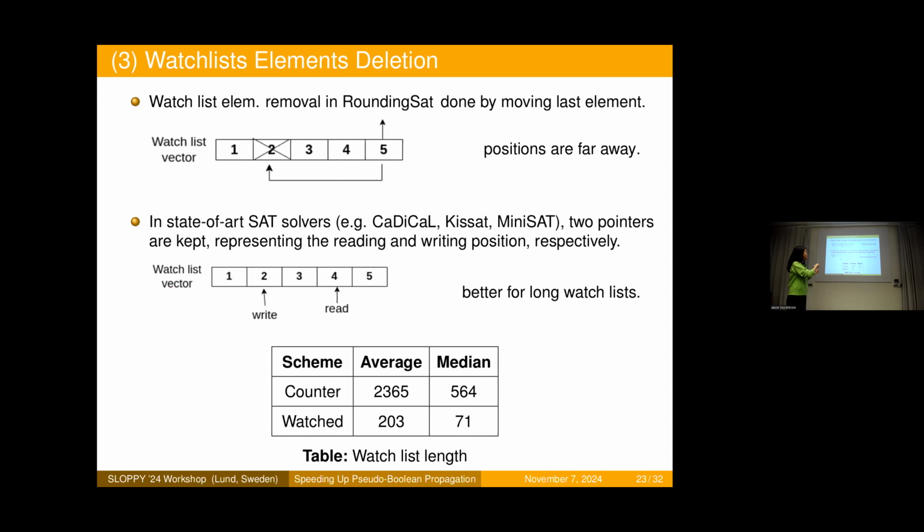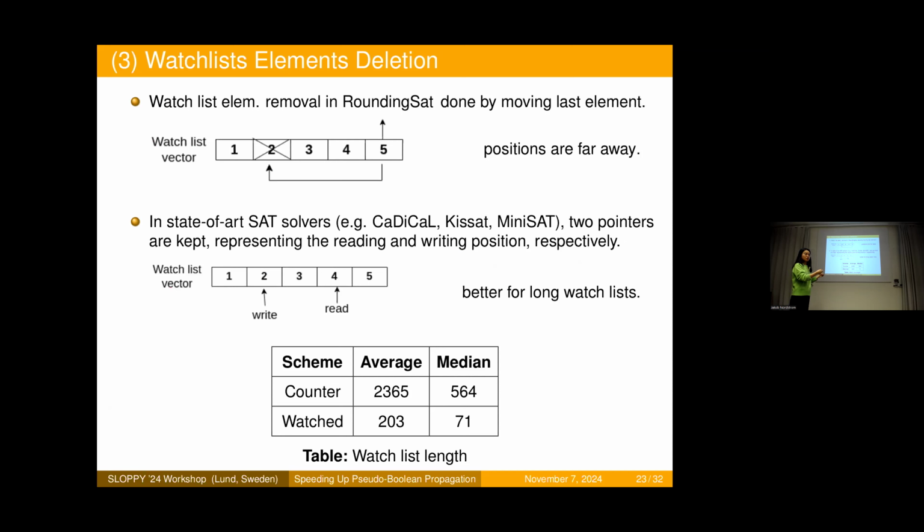Okay. The key point is that yes, for counter-based propagation, we don't need to remove any elements from the watch list. But don't forget that there are also clauses and cardinality constraints. Their watch list elements are in the same watch list together with counter-based propagation.